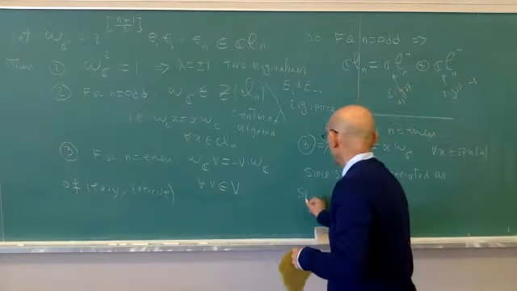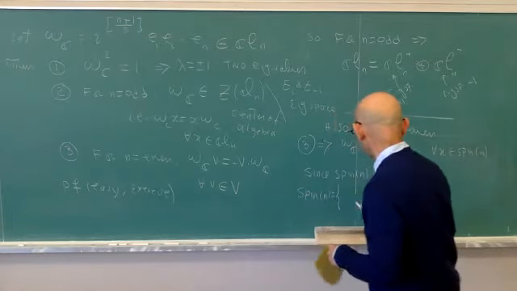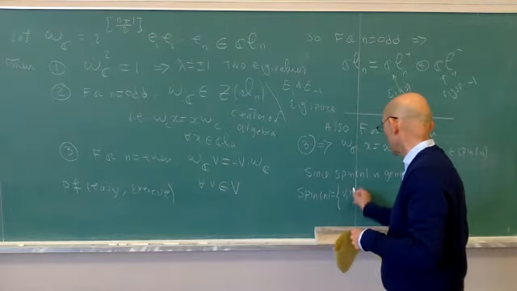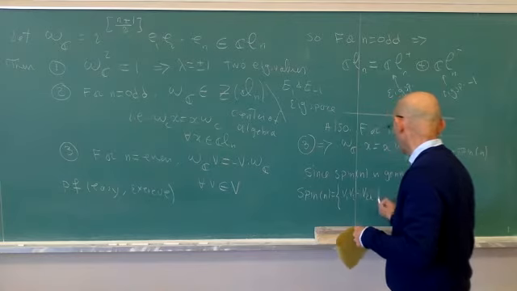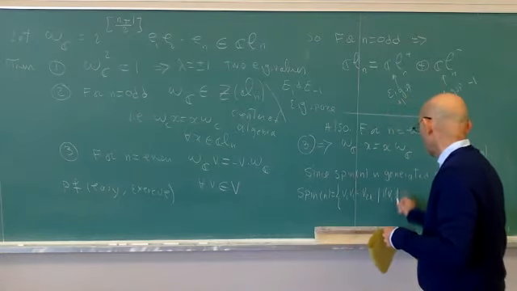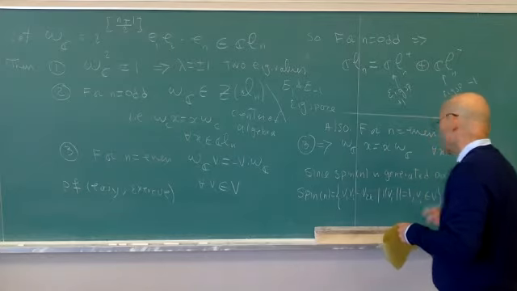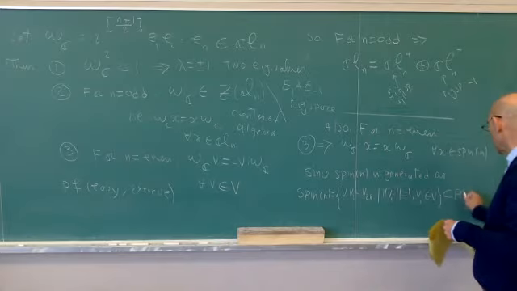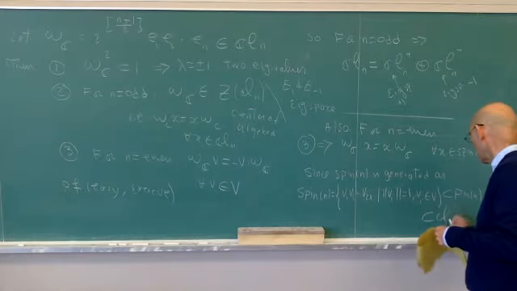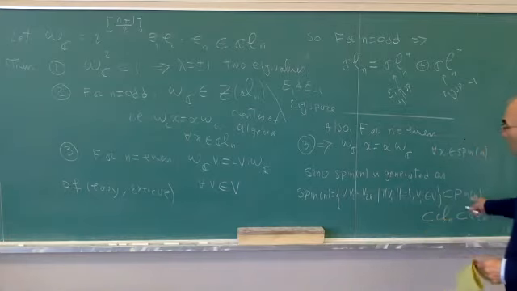Remember, Spin(n) was the group generated by such things v1, v2, ..., v2k, such that the norm of vi is equal to 1 and vi belongs to V. And I said that, well, obviously this is inside this Spin group, and this Spin is inside CLn, and this CLn inside the complex, right?